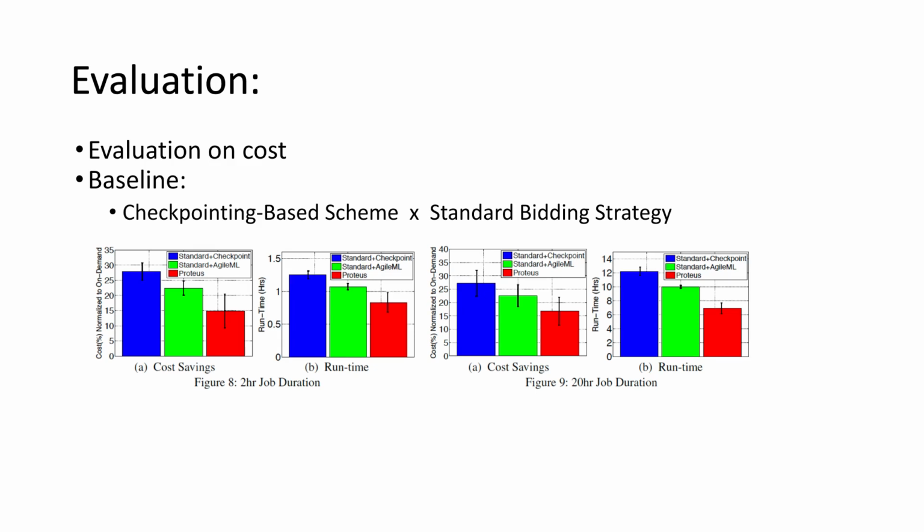This one is not effective, since the bidding scheme is not optimized for reducing cost, and the checkpoint algorithm has a communication bottleneck between machines. The second one uses standard bidding with the AgileML framework. This one is also not effective, since standard bidding will lead to transient machines being released frequently and increased overhead.